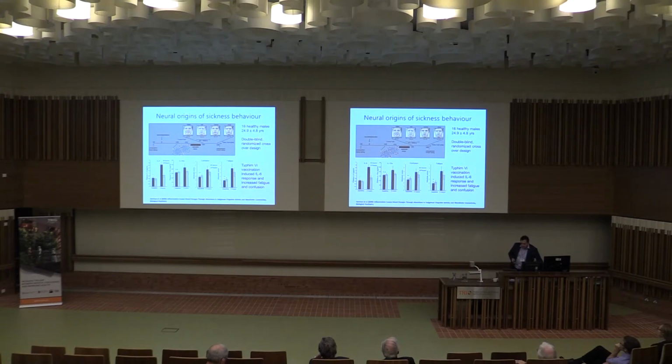Before each scanning session, on 2 separate days, they received an injection, which was either a placebo or a typhoid vaccination, and each got both in randomised order. Typhoid vaccination induced a systemic immune response, so it significantly increased interleukin-6, although not interleukin-1RA. And increased inflammatory response was associated with increased feelings of confusion and fatigue at 3 hours after injection.